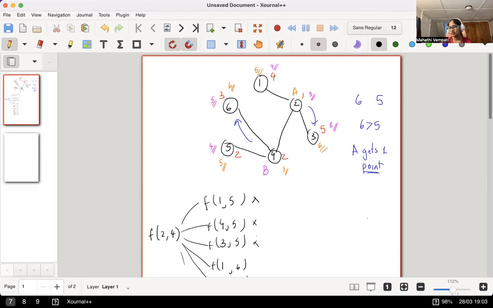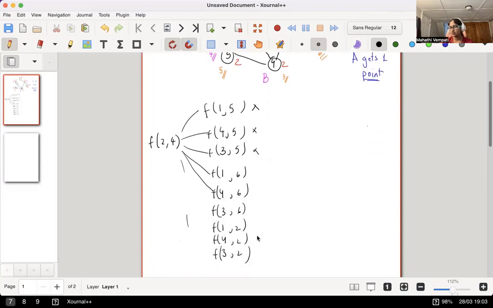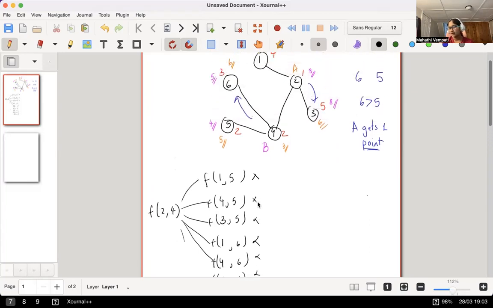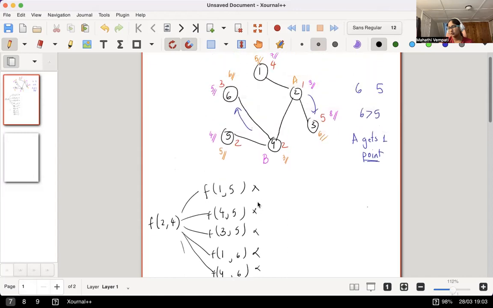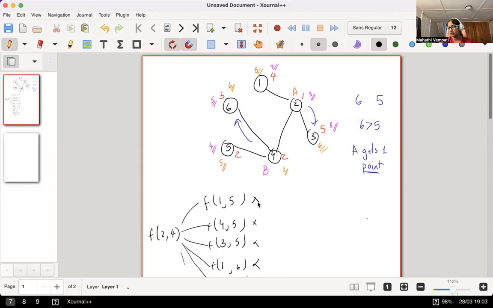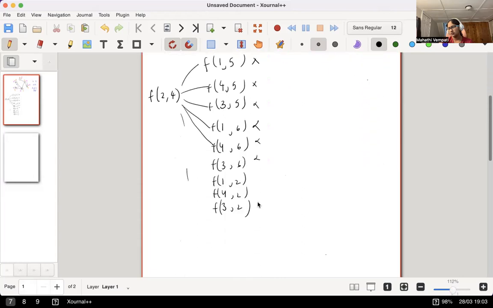This is fine. 6 also, the game stops. 1, 3, the game stops. So the only 4, 2 is the only thing you need to worry about. A at 4 and B at 2. A at 4, there's 2 options. B at 2, there's another 2 options. So 4 options.